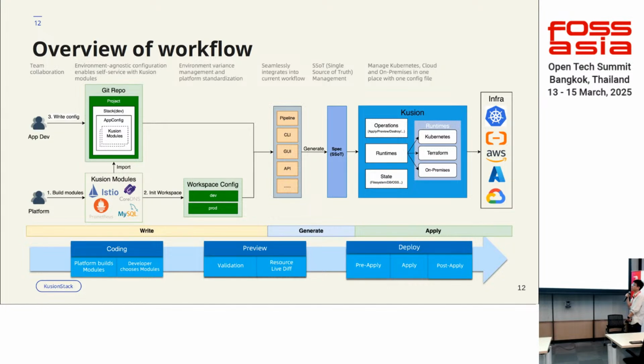Then it will be merged with the workspace config into the Fusion engine, which provisions every infrastructure that the platform team built in the model, and also deploys to Kubernetes. So this is just the basic, easy to understand steps. Everything will be done by the underlying system.